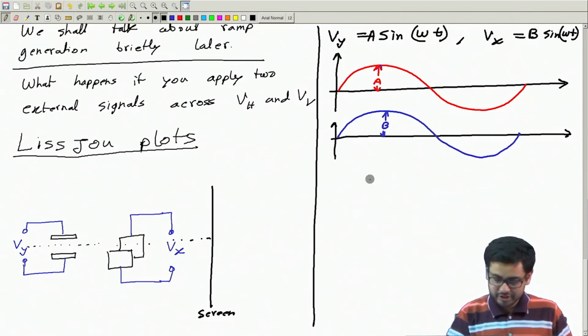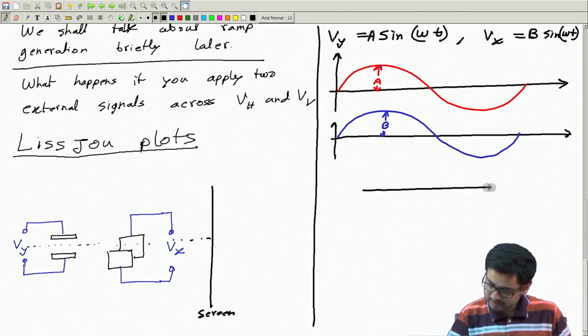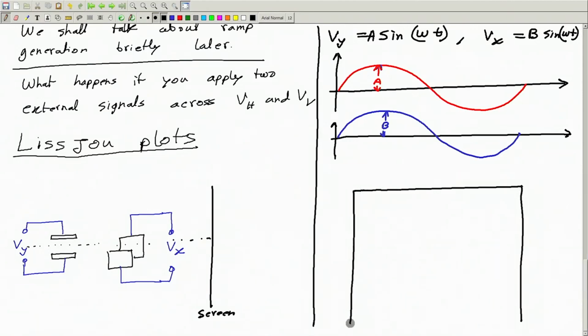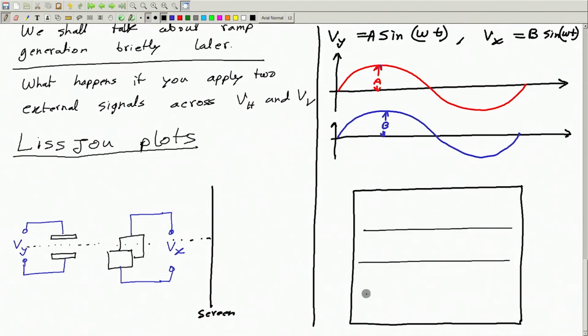Okay, and let me draw the screen. So can you tell me how the spot will move on the screen?